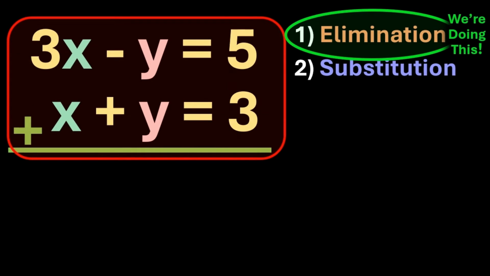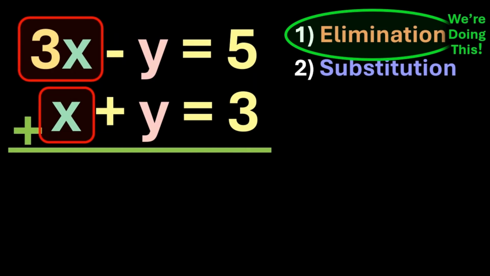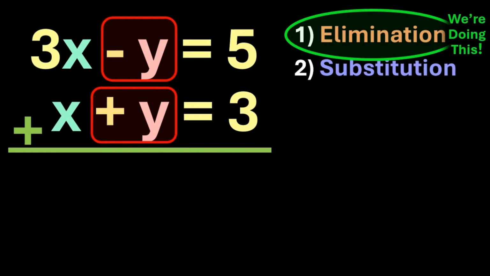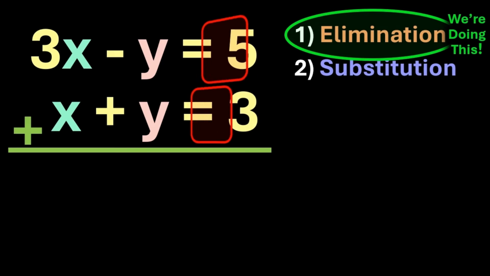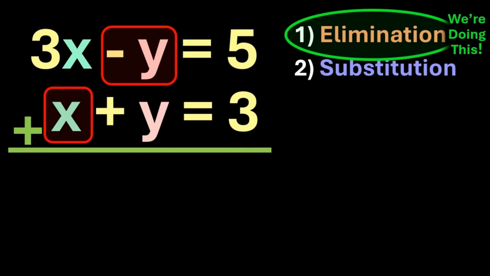And when we add two equations, what we do is we add the like terms together. That means we add x terms to x terms and y terms to y terms and plain number terms to plain number terms. We never add or subtract an x term from a y term.